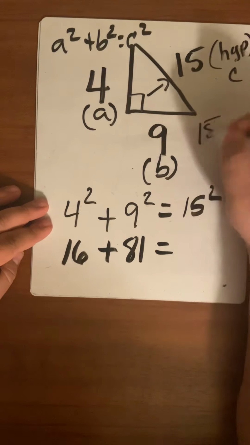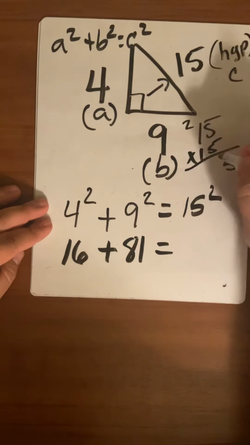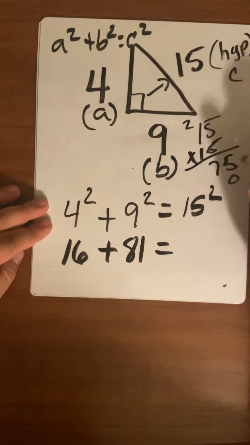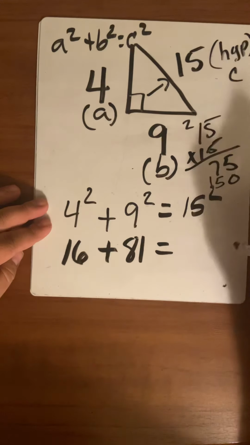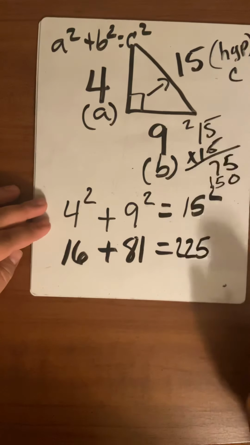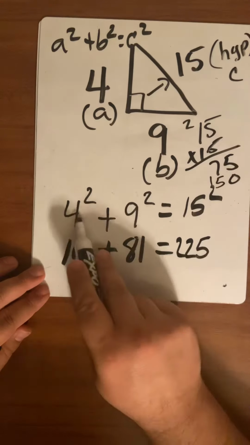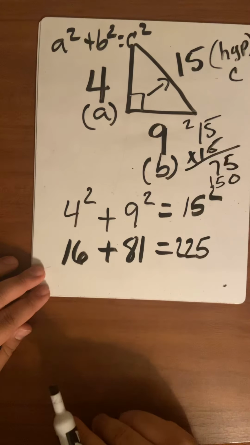let's see what this one is. It's a big number. I don't have that one memorized. 225. So I've got 16 plus 81 equals 225 after I've plugged it into the Pythagorean theorem.